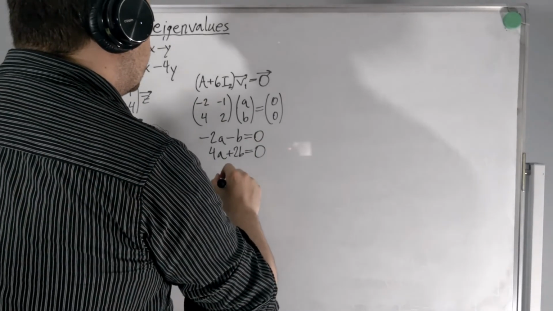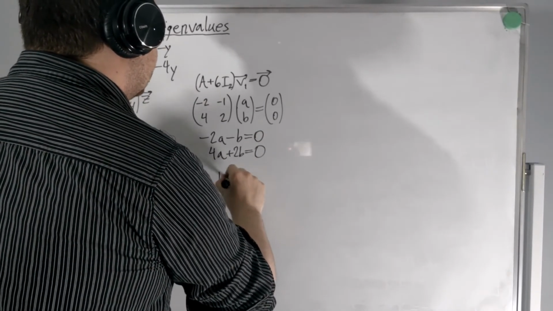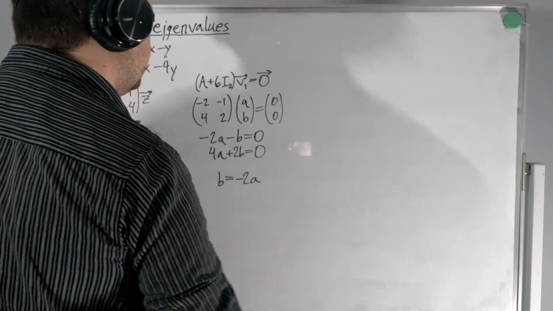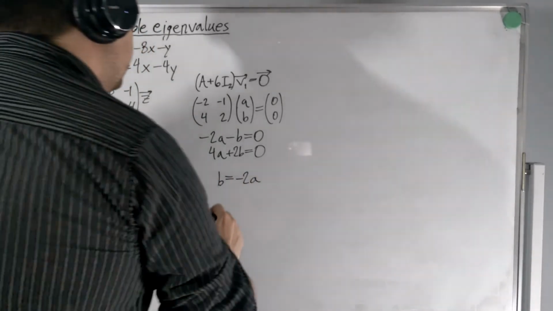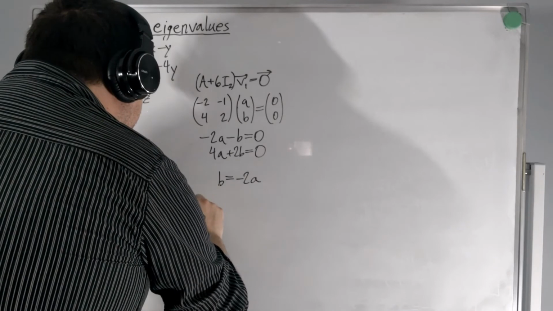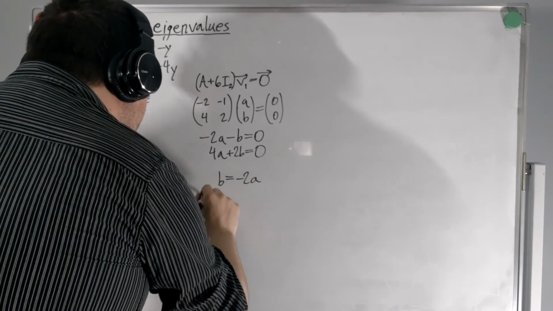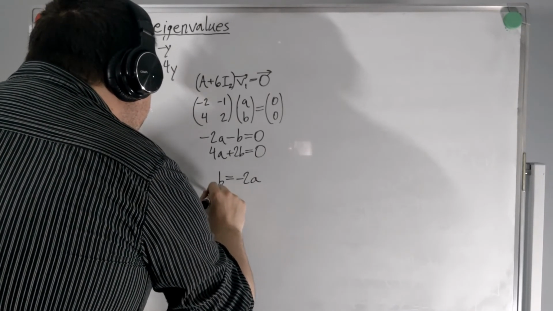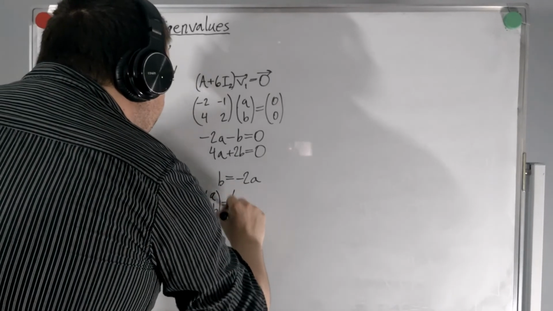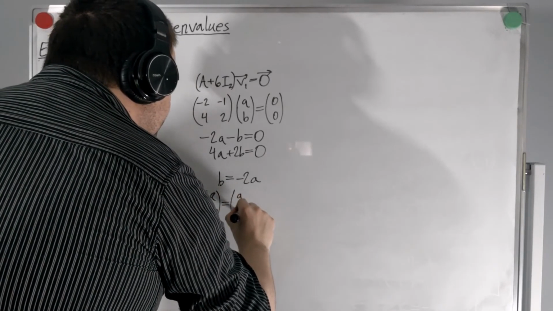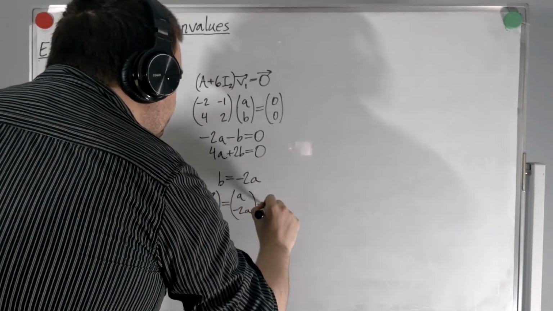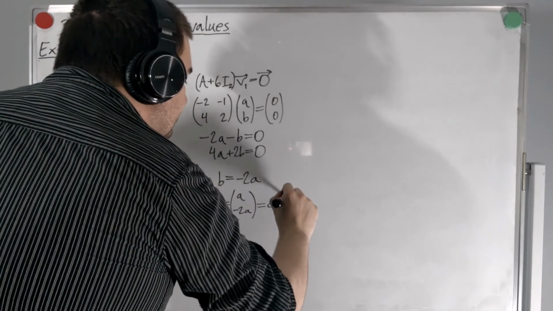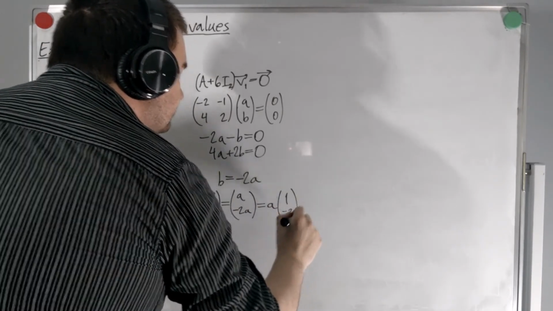Either one of these equations can tell you that b has to be negative 2a. So the eigenvectors all look like (a, b), where b is negative 2a. In other words, scalar multiples of (1, -2).